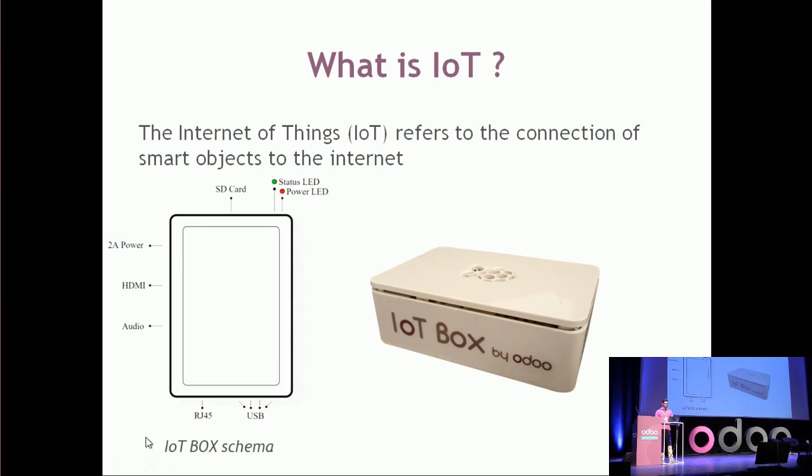You have different entries, you have the possibility to plug different USB cables, same with the HDMI and so on. So the IoT box is a small box that contains a Raspberry Pi. Raspberry Pi is like a tiny computer, and this box will allow you to connect potentially any device to your Odoo database.